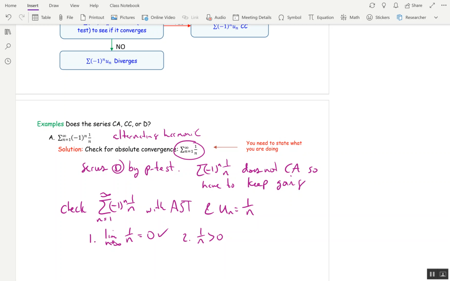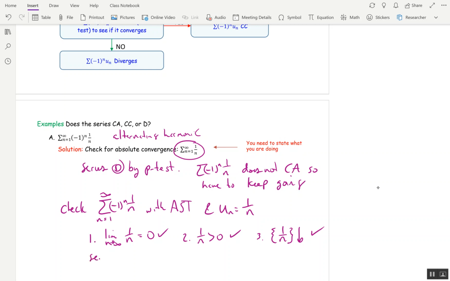Remember, n is 1, 2, 3, 4, 5. Check. Nothing to show. There's never anything to check for condition 2, by the way. It's always just going to be a check mark. 3, what's 3? The sequence 1 over n is decreasing. Check. Nothing to show. Numerator's fixed, denominator's increasing.